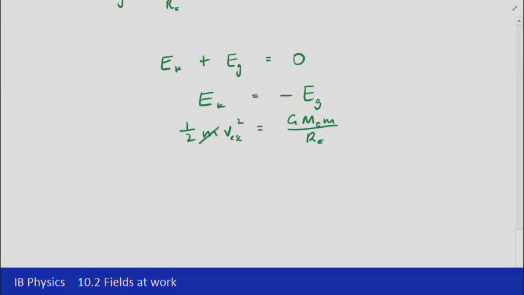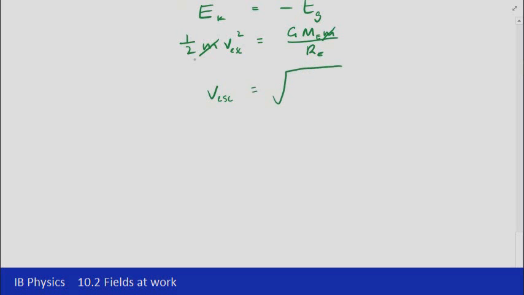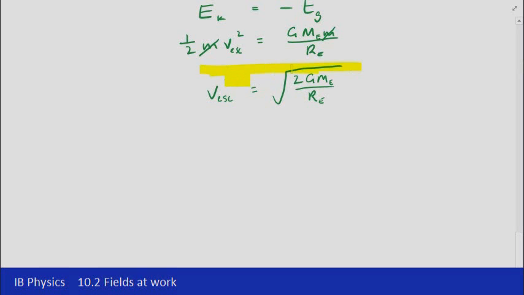Notice there that the masses of the probe itself cancel, so we end up with the escape velocity. Multiplying the 2 across to the other side, we end up with v escape squared equals 2GM_E on r_E. So to figure out how fast something needs to move in order to escape Earth's gravitational pull and move out into deep space, that's the value that we'd need.